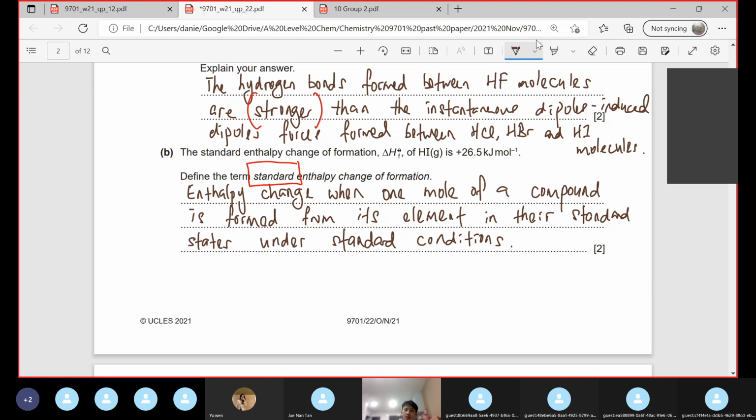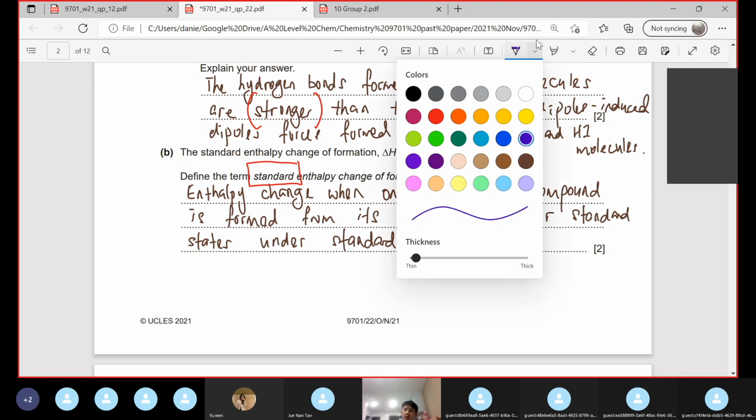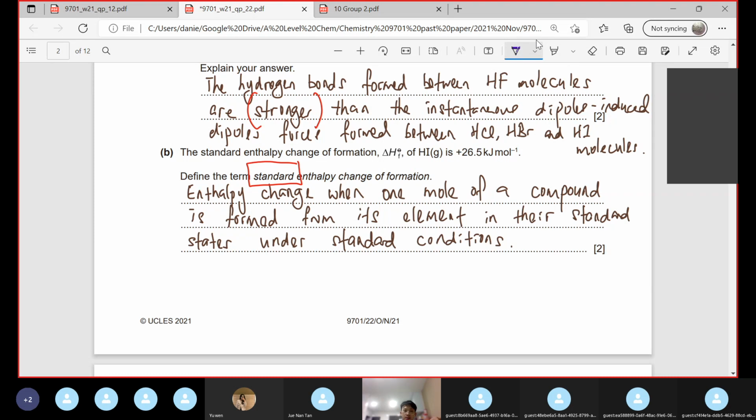So from here, we know that the standard condition is 25 degrees Celsius, 1 atm, usually.